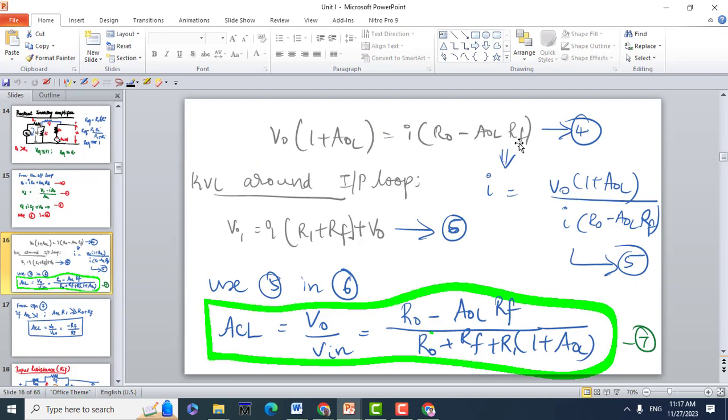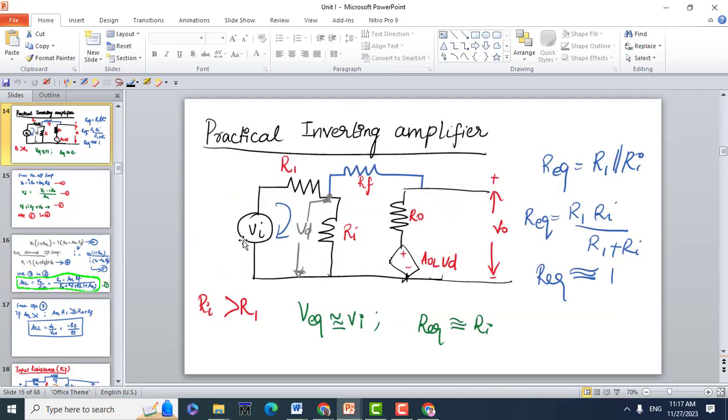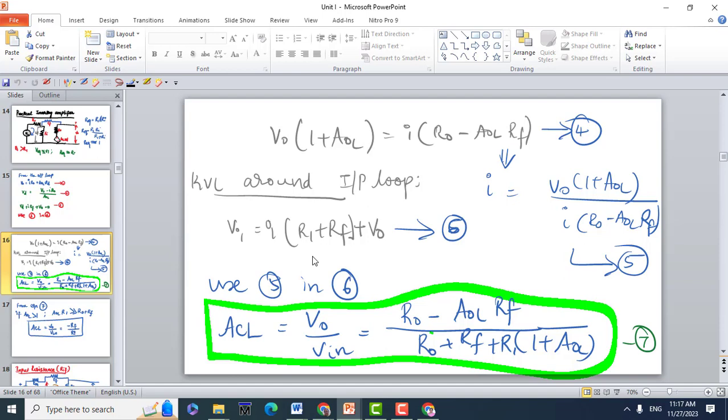KVL around the first loop, namely the input loop: Vi is I into R1, plus the drop across Ri. So Vi is equal to I into R1 plus RF, both resistances are there, plus V0.